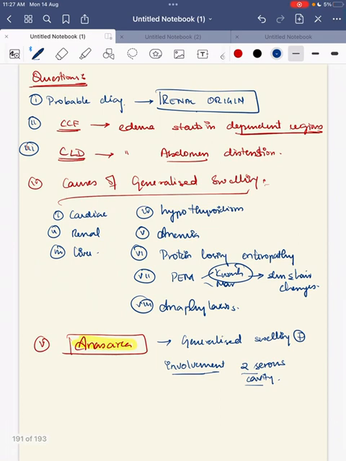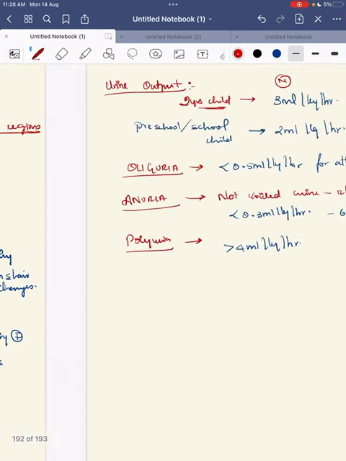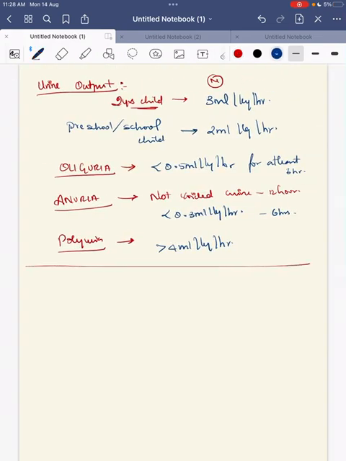Next, we have talked about the swelling here. Among renal origin, what are the diseases that can present with swelling when the child presents with swelling?